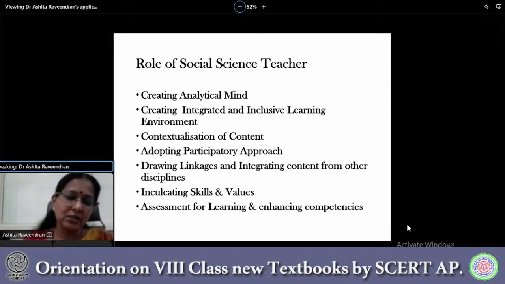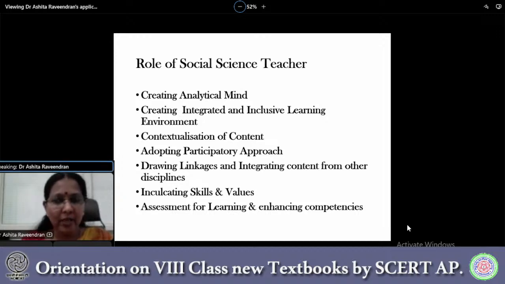If we are capable of making these linkages, the child will find the linkages between the subject areas, and will be able to understand the reasons behind the diversity and how we will be able to deal with the problems in the society. As a social science teacher, we are capable of using our subject area for inculcating skills and values.